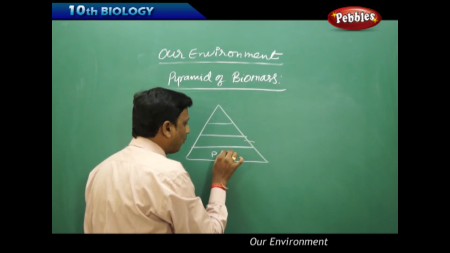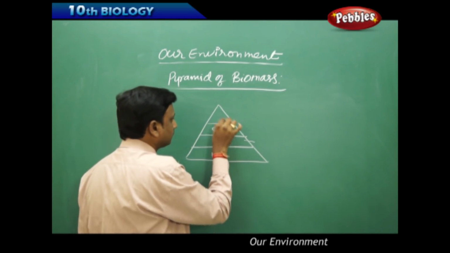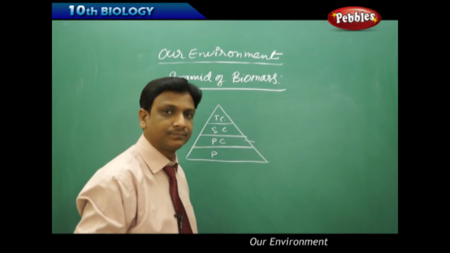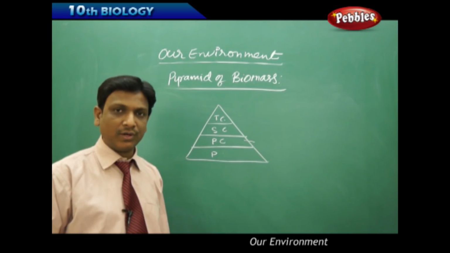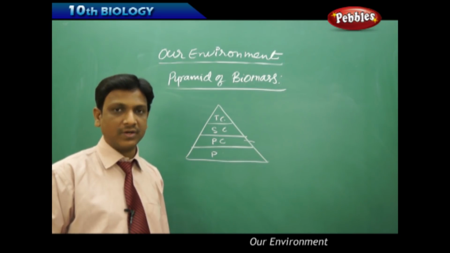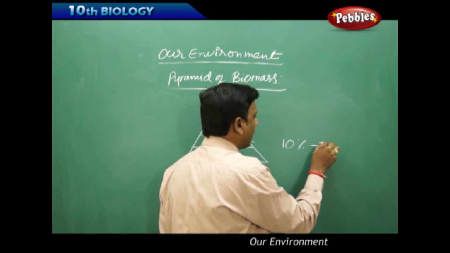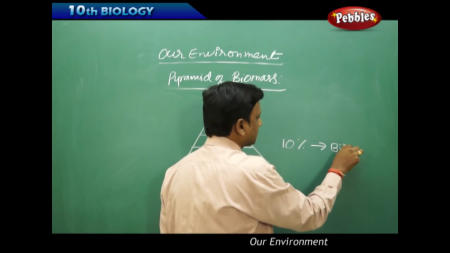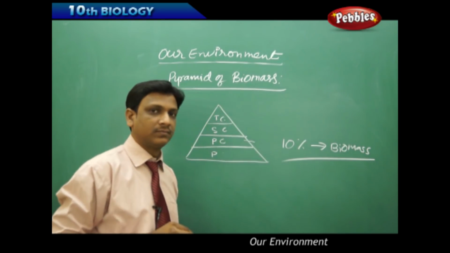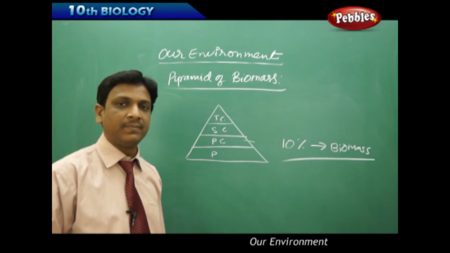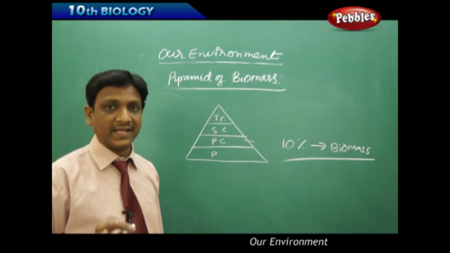So here they have more body mass compared to this level. And at each level, the organisms can convert only 10% of their food into biomass. Only 10% of their food can be converted into their body mass, not more than that.